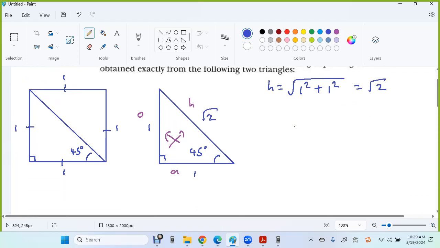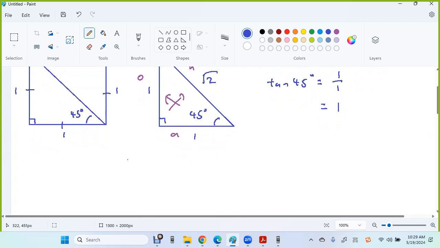So we want to find the tangent of 45 degrees. We have opposite over adjacent, 1 over 1, which is 1. And then we want to find the cos 45 degrees. So cos 45 is adjacent over hypotenuse, 1 over square root 2. Then it is square root 2 over 2, because we multiply with the square root 2 here.